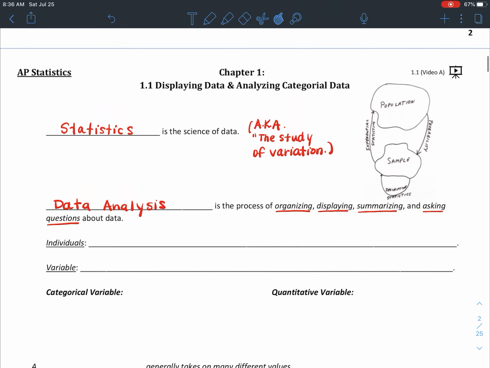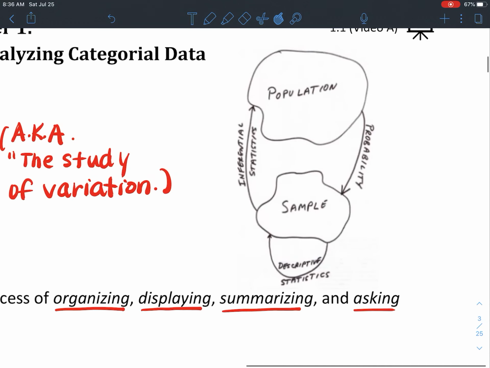And this little picture right here does a really good job of summarizing what the statistical process is, okay? What statisticians often are interested in is they want to know something about a population, but a lot of times that population is way too large for them to be able to survey everybody in the population.